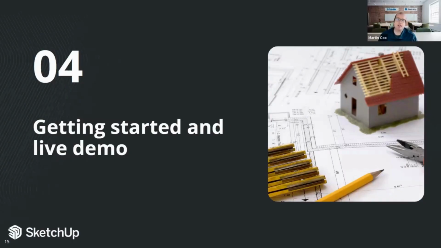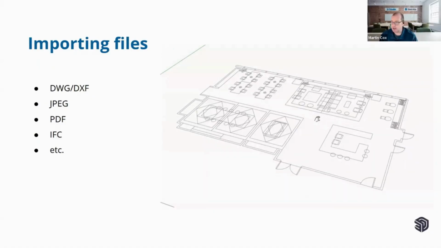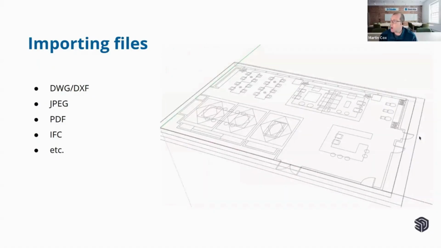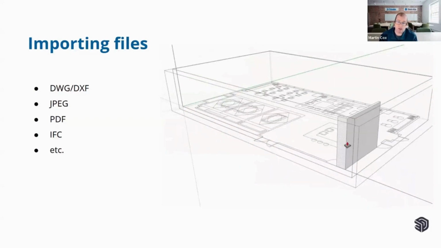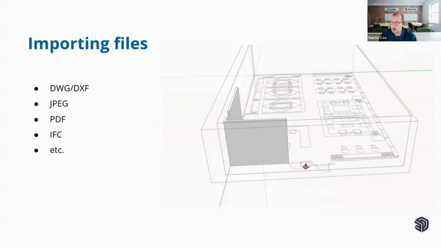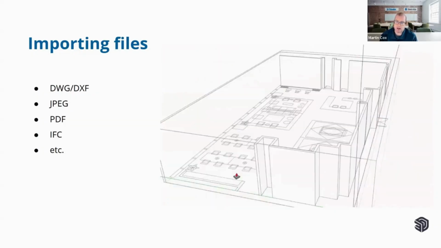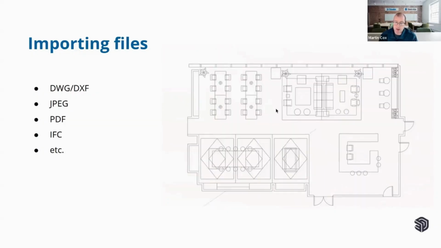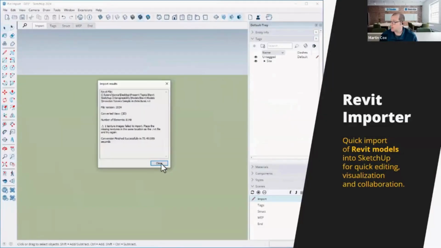So getting started within SketchUp, you can obviously start from scratch. You can literally start drawing. We can also import files like DWG, DXF, JPEGs, PDFs, IFCs, and lots of other types of files as well. So there's a lot that we can do right from the beginning. Other ways we can import, and this is a popular way that people work, is the Revit importer.